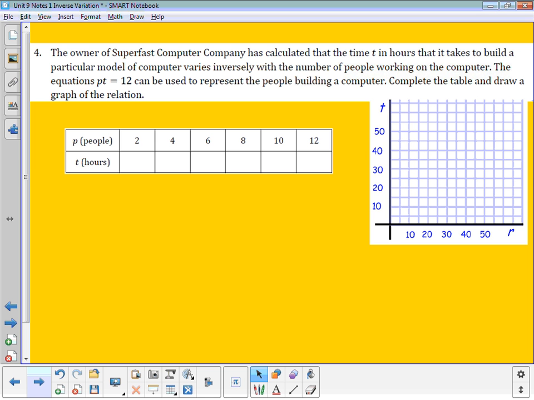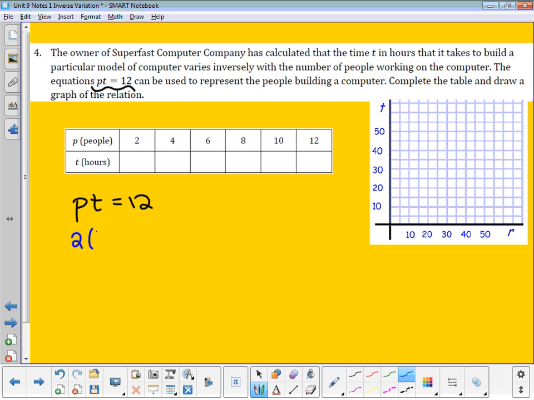So the table that we have there, they've picked some p-values for us, and we are going to go ahead and find those. We also have an equation. We have p times t equals 12. So let's go ahead and find those t values. I have 2 times t is equal to 12, which means t equals 6.